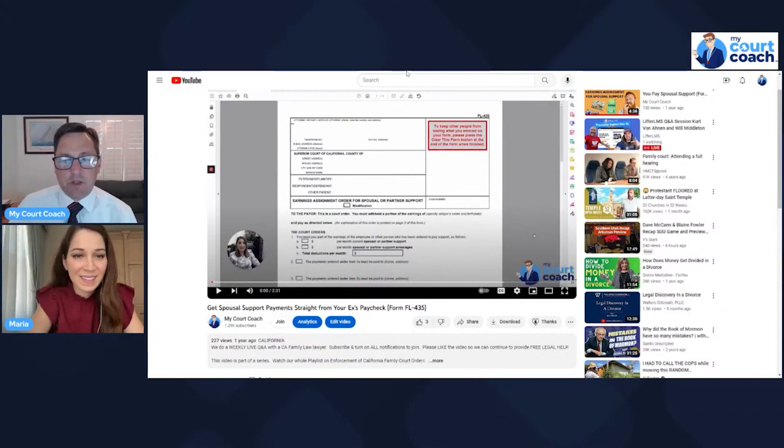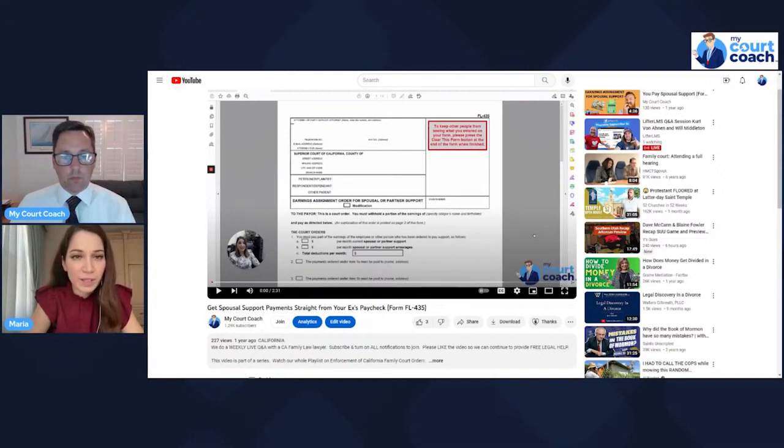Let's see, what comments do you have about this, Maria? Yeah, so I think typically when it comes to getting spousal support or dealing with retirement accounts, the most common way to divide retirement accounts would be through a QDRO, Qualified Domestic Relations Order. And this form is also a way to get payments. So let me backtrack.